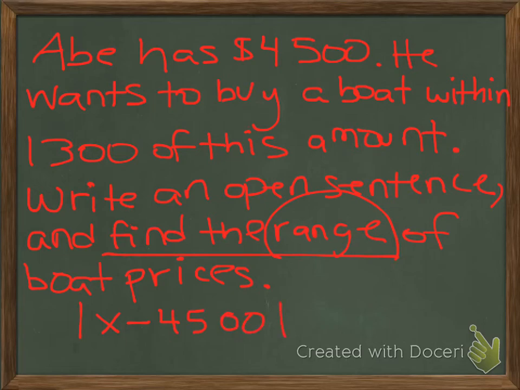And with absolute value, it's always less than or equal to what it's within. So it's within 1,300. So we're going to do less than or equal to 1,300. So the symbol always is the same, and the setup in the absolute value symbols are also always the same. And then we're going to solve.